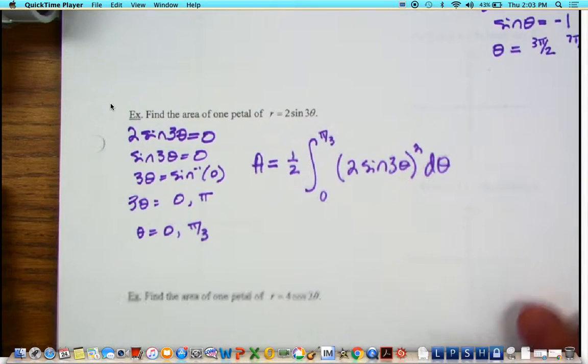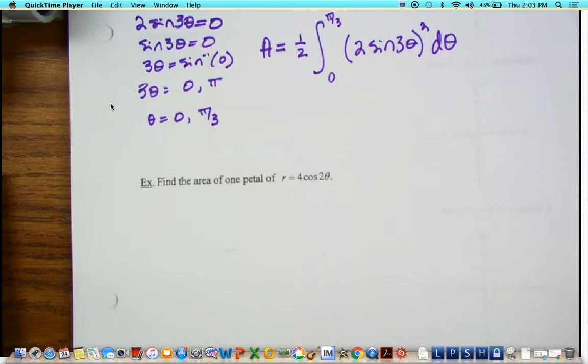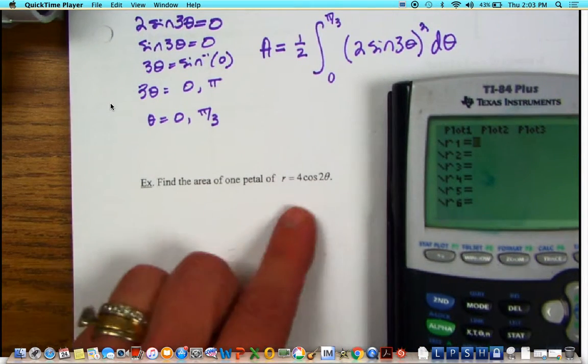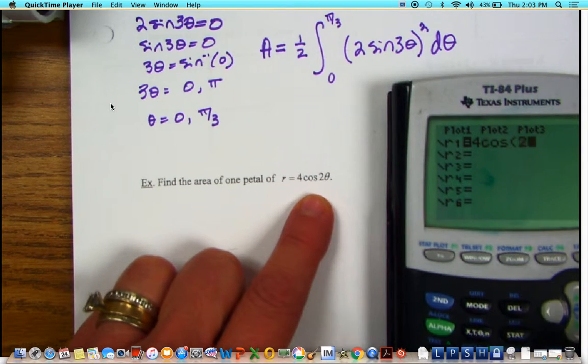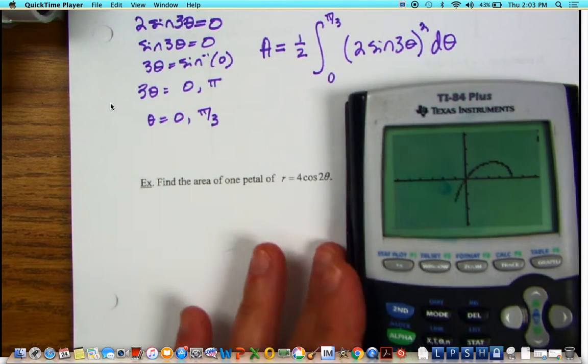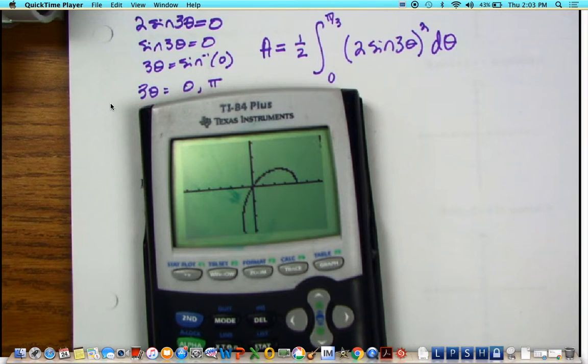Let me get through this last one with you real quick. I know I'm pushing. If you want to look at what it looks like, 4 cosine 2 theta. Again, remember any 2 consecutive values are going to work.